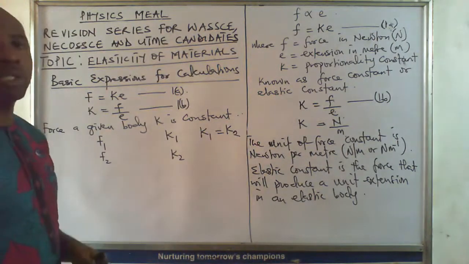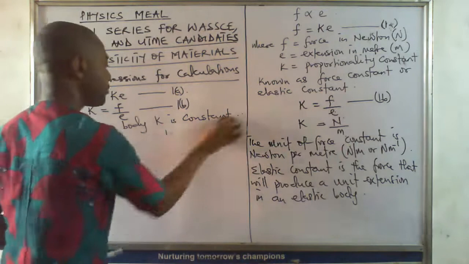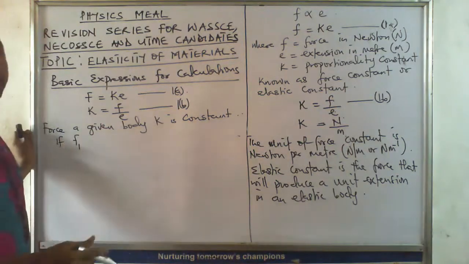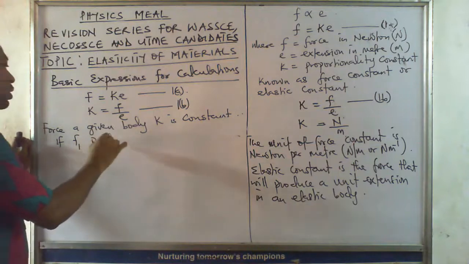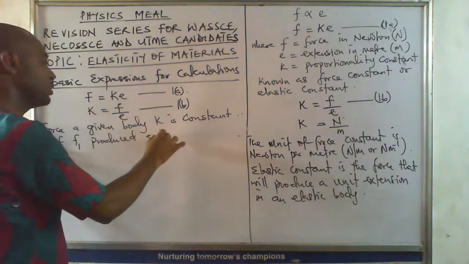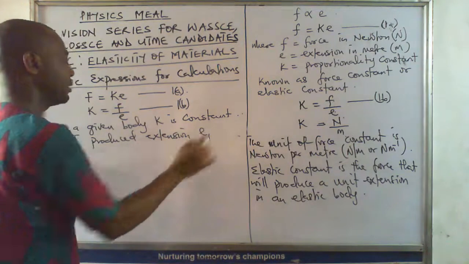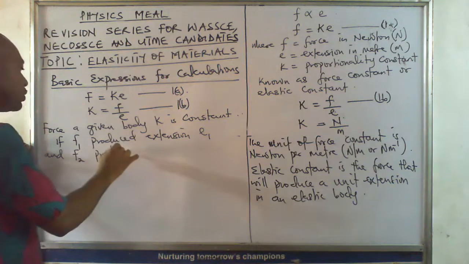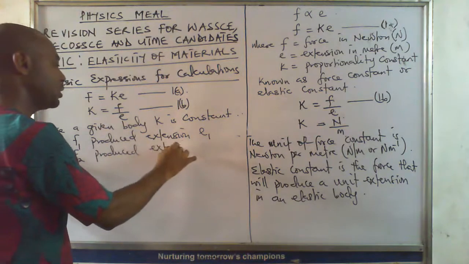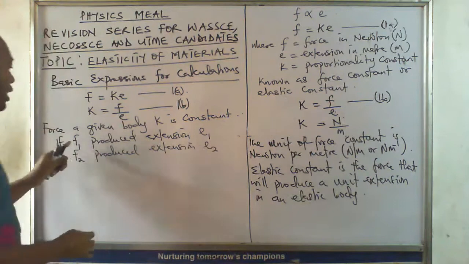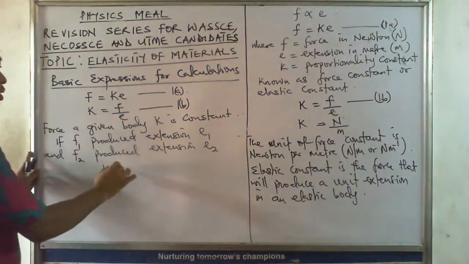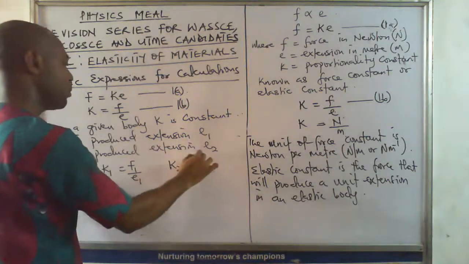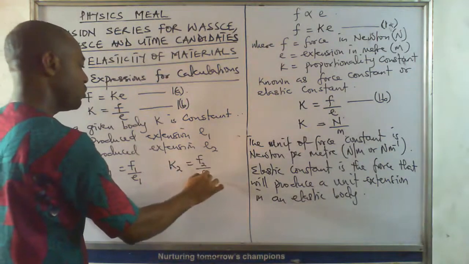So if a force F1 produces an extension E1, and a force F2 produces an extension E2, then K1 will be equal to F1 over E1, and K2 will be equal to F2 over E2.